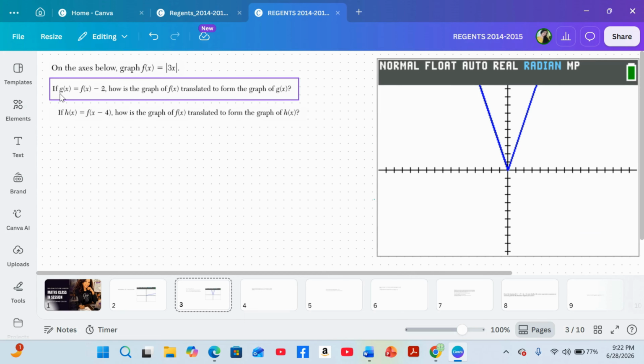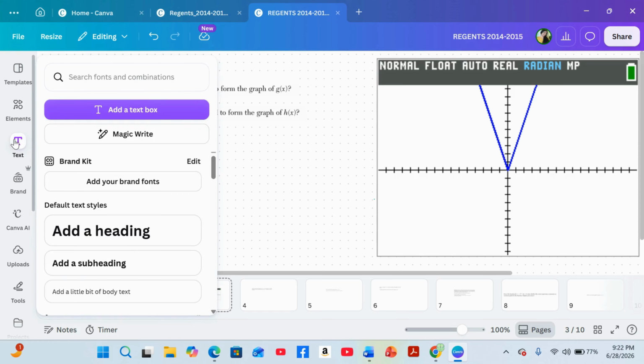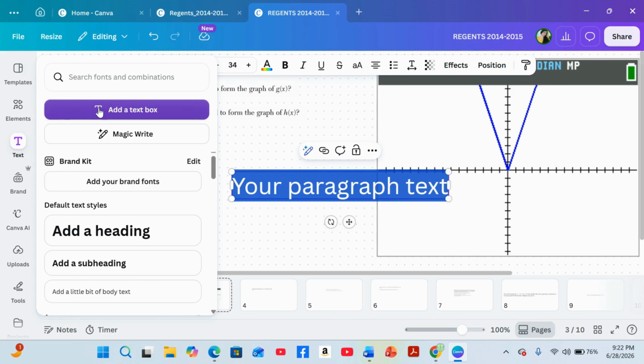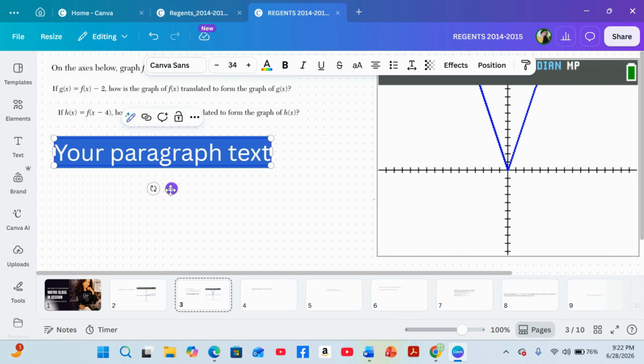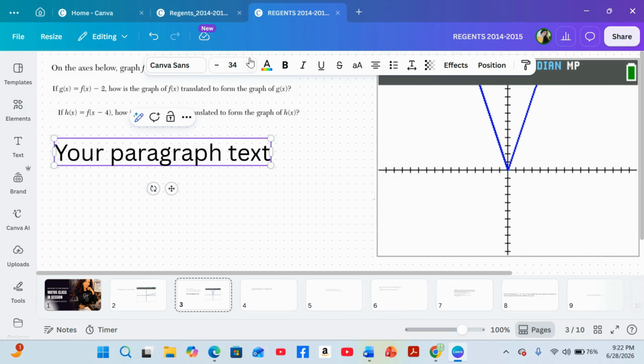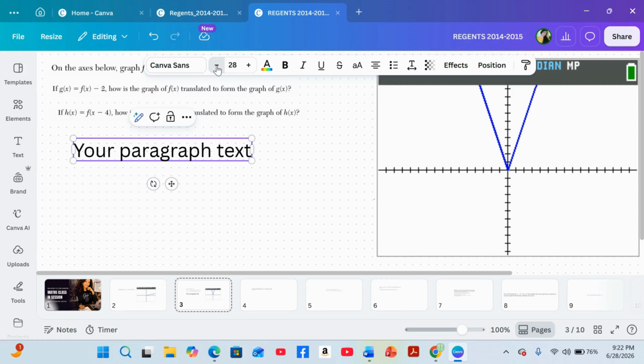Notice, if g of x is equal to f of x minus 2, how is the graph of f of x translated to form the graph of g of x? Right here.